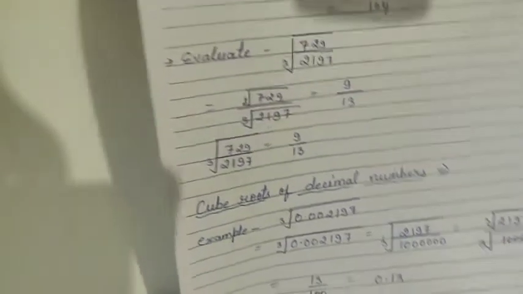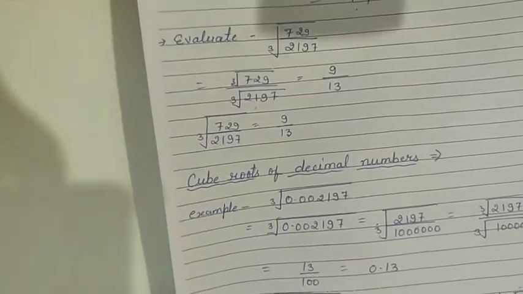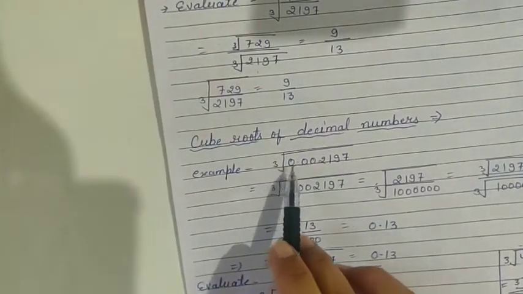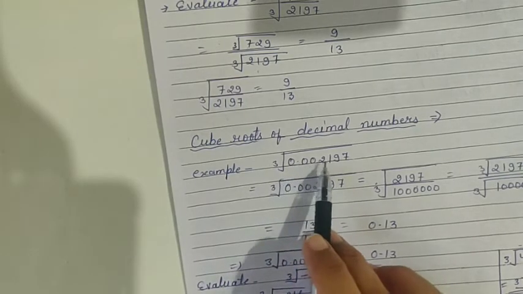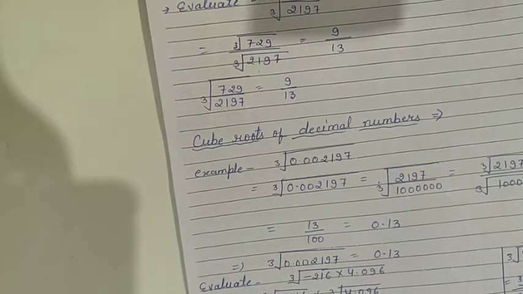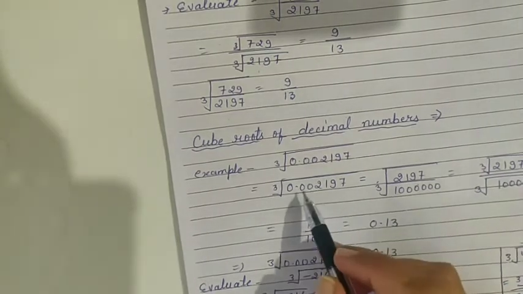Now we will find cube roots of decimal numbers. For example, we have to find cube root of 0.002197. So students, to find cube root of a decimal number, firstly we will remove the decimal.